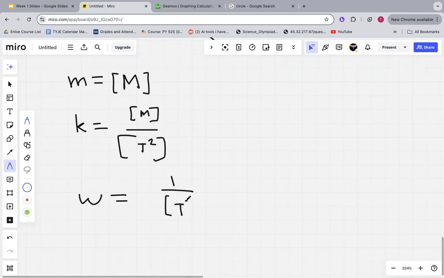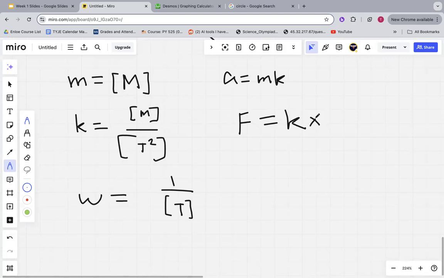So the way units work is whenever you do anything with two quantities, right? If you multiply two quantities, let's say A equals mk. Well, now A has dimensions of mass squared per time squared because we have to multiply the dimensions of these two together. So the reason I got K is I did F equals Kx, right?